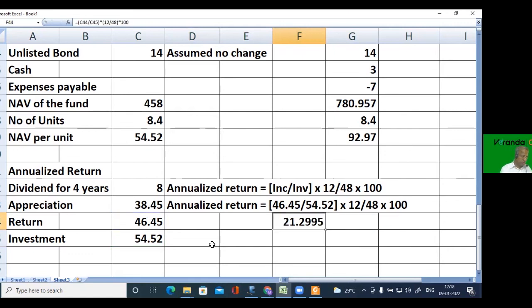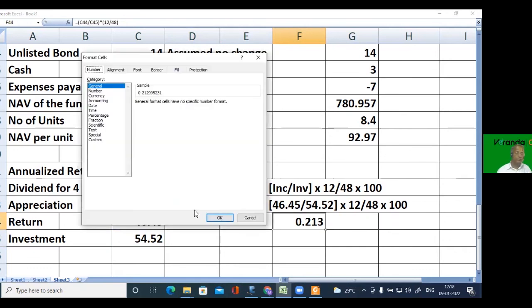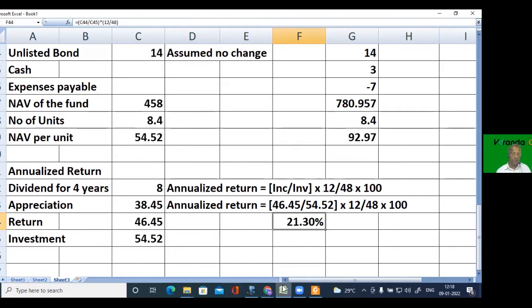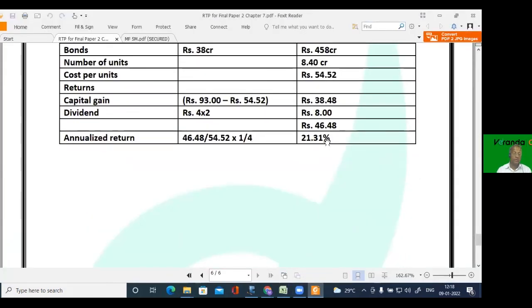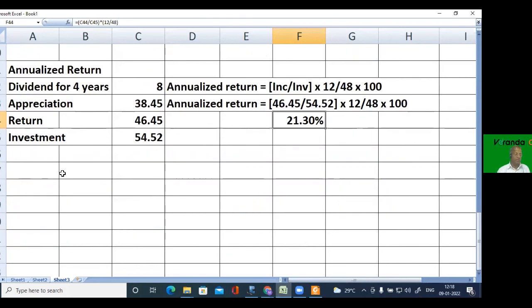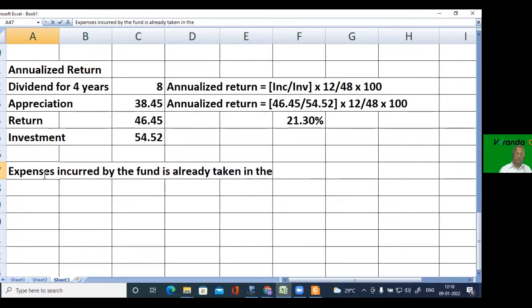So 21.31 marginal here. This is the way we are expected to carry out the computation, and expenses incurred by the fund are already taken into the arrival of the closing cash balance.